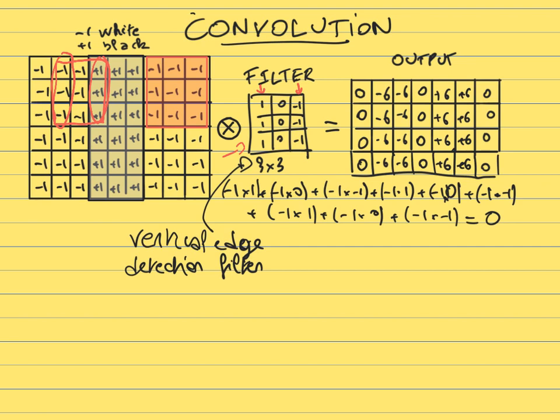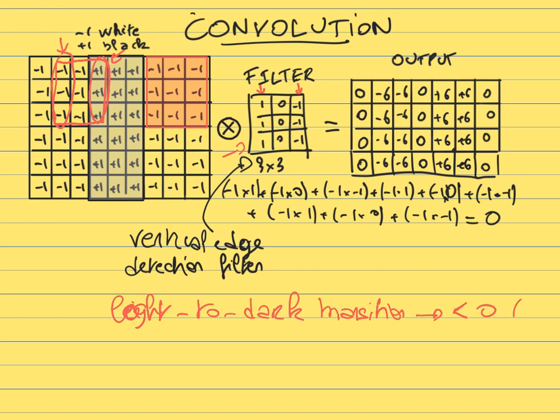So in this case, there are two types of output. If it detects that the pixels on the left are white or light, and the pixels on the right are dark, so you have a light to dark transition, like what happens here, those pixels are light, those pixels are dark, then it's going to give you a negative value.